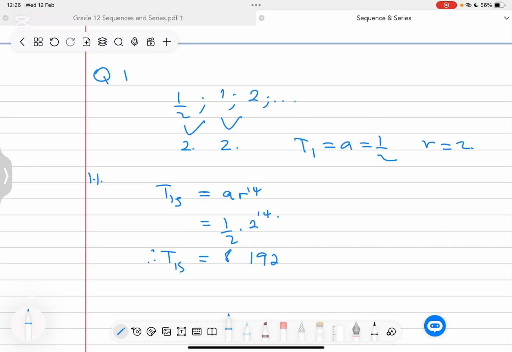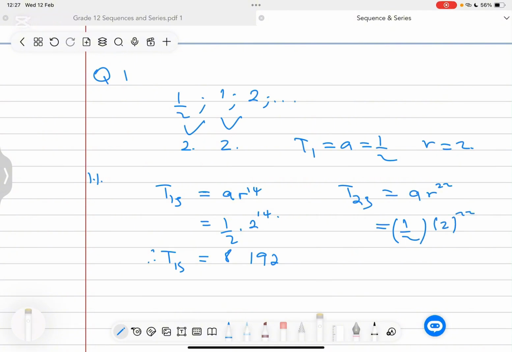We can do the same math to find the 23rd term, because we know that it's going to be defined by A, the first term, multiplied by R to the power 22. Because the exponent should be 1 less than the number of the term. In other words, we subtract 1 from 23. This becomes a simple substitution problem, because I'm just going to substitute the 2 here and multiply it by 2 to the power 22.